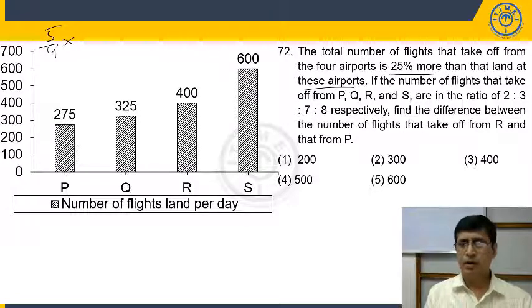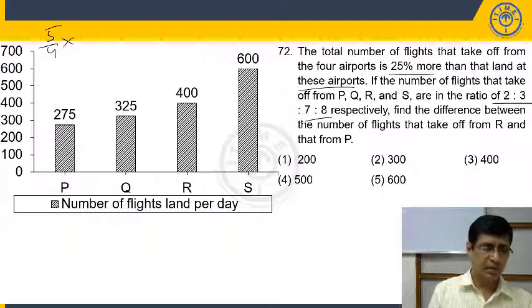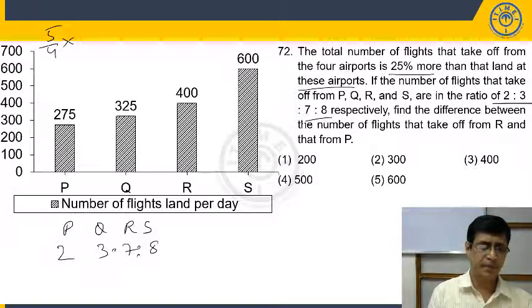Now, if the number of flights that take off from the PQRS are in the ratio 2:3:7:8, find the difference between R and P. So, I'm writing here PQRS, so it is 2:3:7:8. Need to find the difference between R and P.